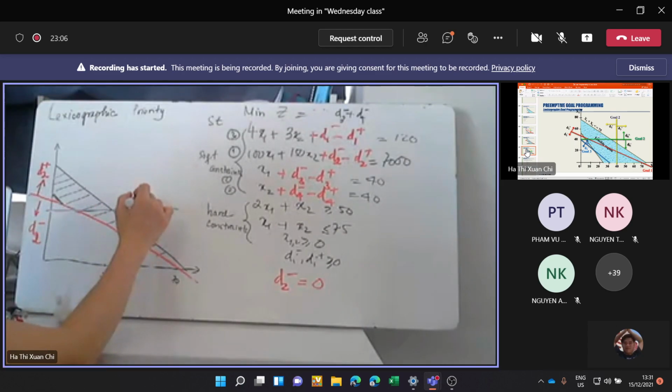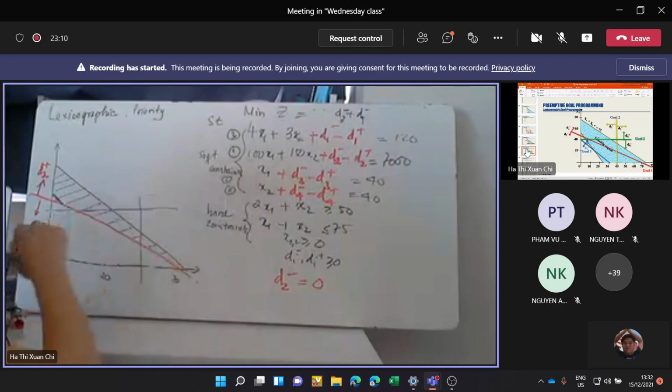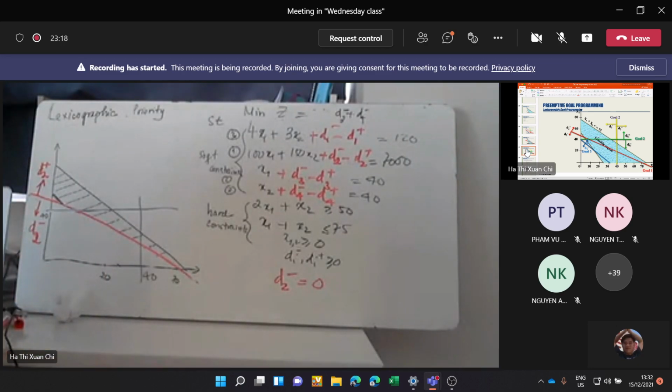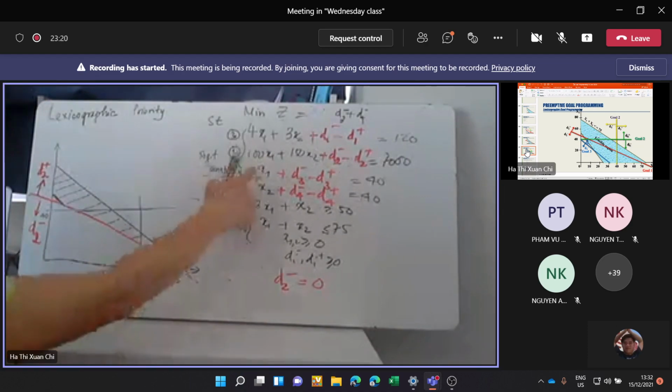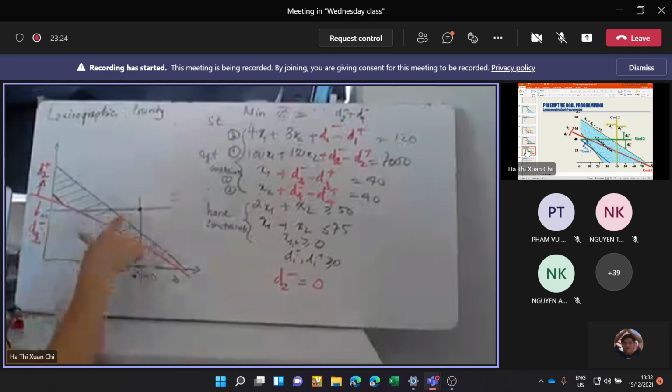Here you have x1 equal 40, x2 equal 40, right? So we want x1 and x2, so we want this point. But this point is outside of the feasible region.